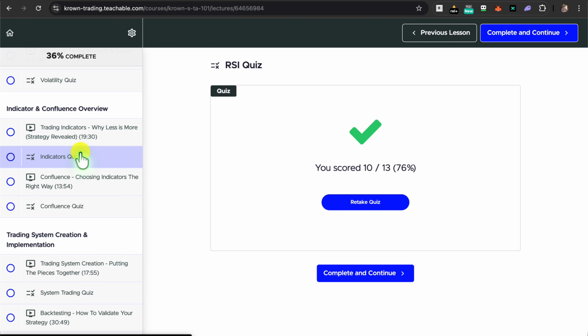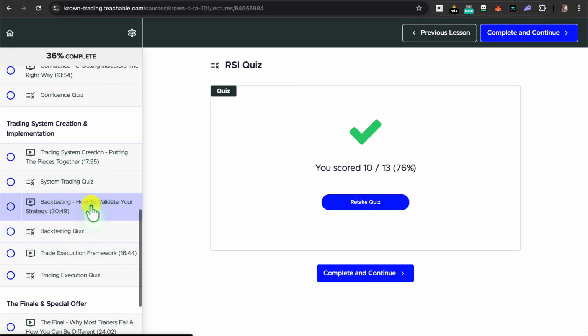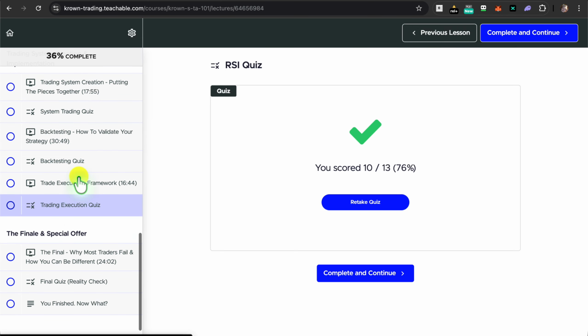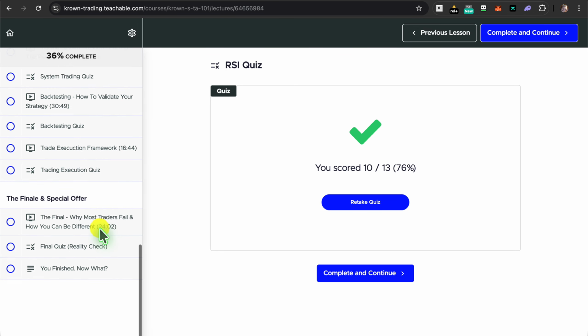That's something I've got to work on. The rest of the modules look really good fun, definitely some stuff I'm going to enjoy a lot, but I do want to get this RSI one nailed and in the bag.